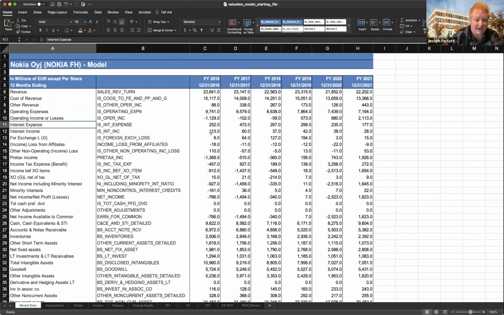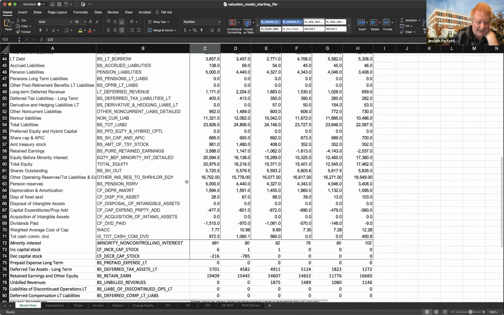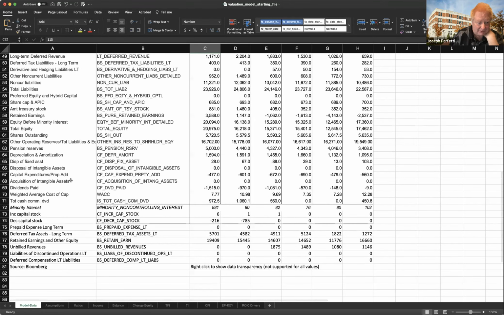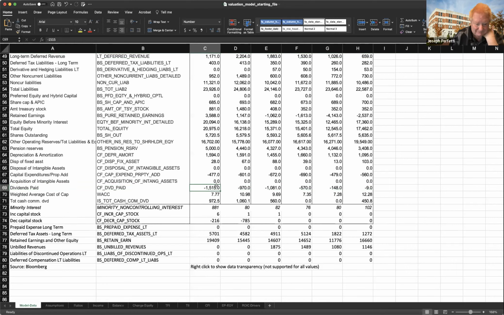Interest income, positive number. So when we built the income statement, it's revenue minus this, minus this, minus this, plus this, etc. However, when I pulled data from the cash flow statement on Bloomberg, dividends paid are a negative number. So in the income statement, expenses are positive numbers. On the cash flow statement, dividends are negative numbers.